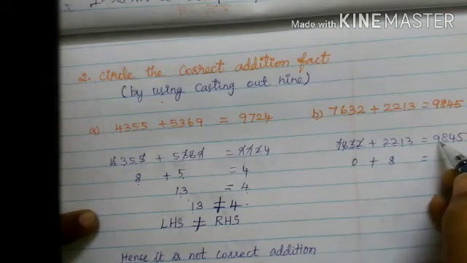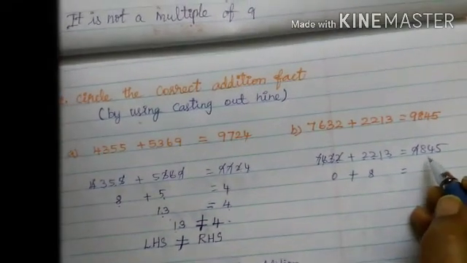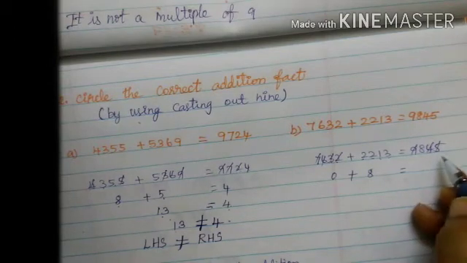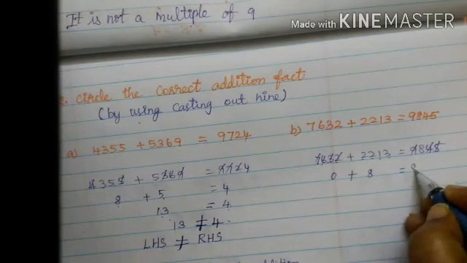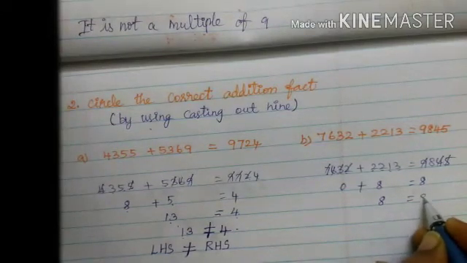Here this one is 9, leave it. Then next number 8. Then next one 4 plus 5, you get 9, so leave this number. So remaining number only 8. So here 8, then opposite side also 8.